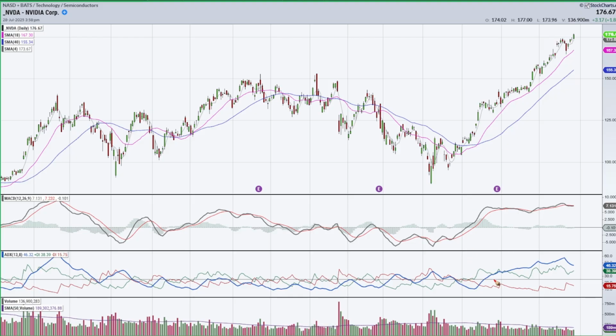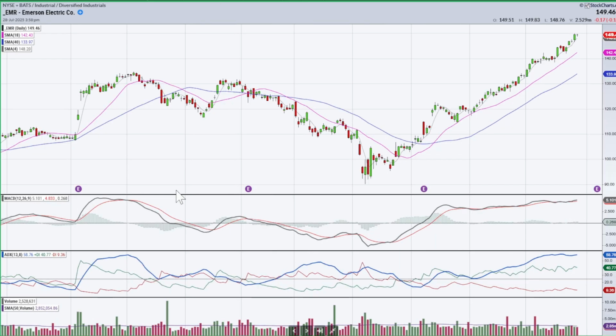But what we're looking for is that perfect little area where ADX is between 30 and 50. We can play pullbacks in between and have a decent amount of confidence that this is going to act as pretty strong support. So we want to be on the lookout for that for sure. All right, let's look at EMR, another one off the daily chart.